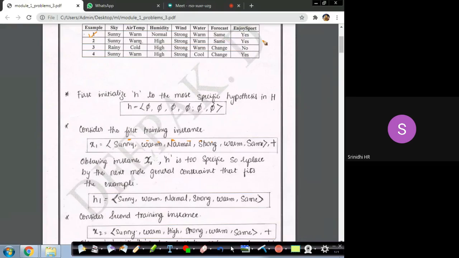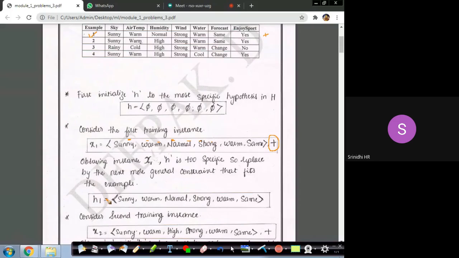The very first thing you must do is identify what type of example it is. Is it a positive example or a negative example? It's a positive example. So first I'll write the values of x1. It is a positive example. Next, I will be updating my hypothesis H1.